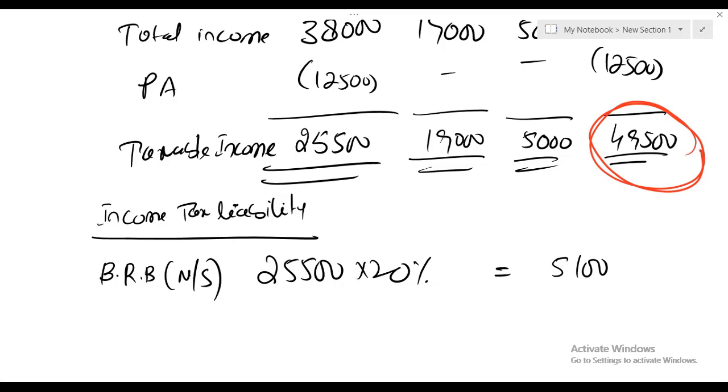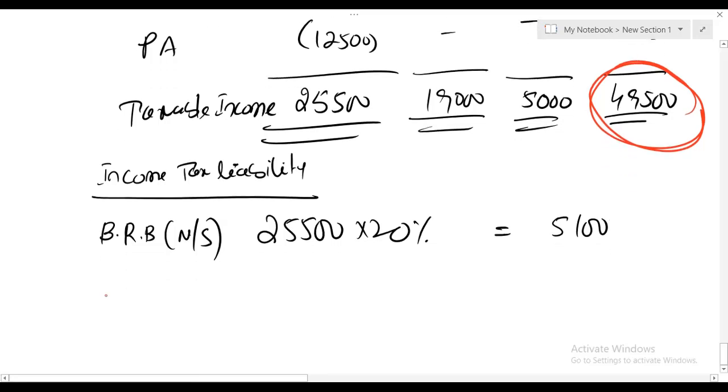Looking at 49,500, it is quite clear this individual is a higher rate taxpayer. So whoever is a higher rate taxpayer, that individual gets nil rate band of 500 in case of saving income. So nil rate band for saving income is 500. Okay.